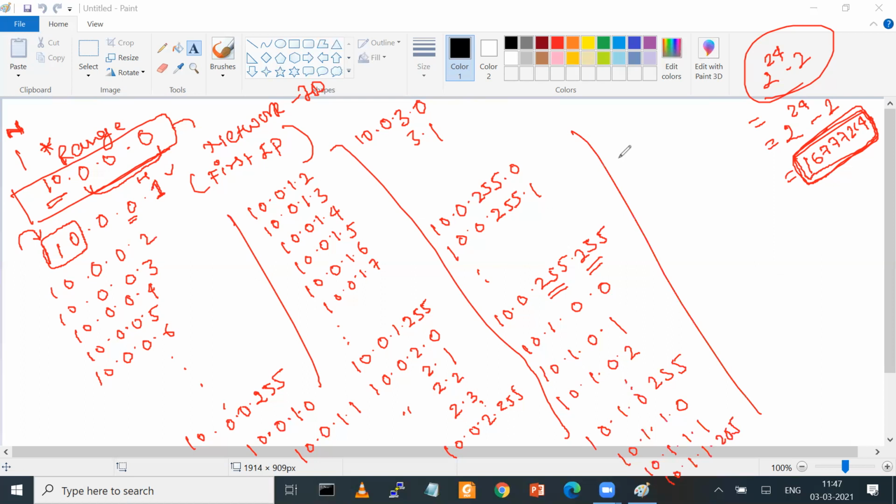So at last, when it comes, it looks like 255.255.254, and when it comes like 255.255.255, now the whole range of 10 is completed. Now it's time to move into 11. So this is the exact and actual calculation of IP, which is in IP version 4.